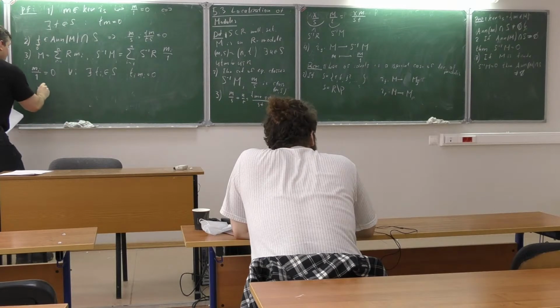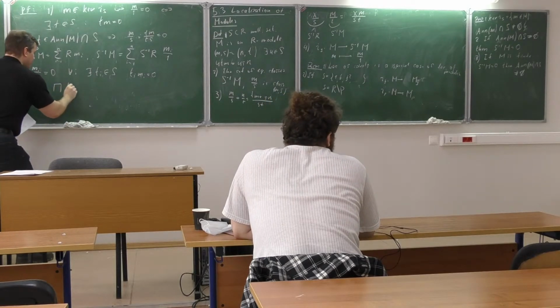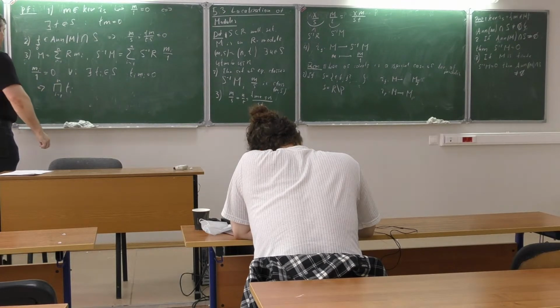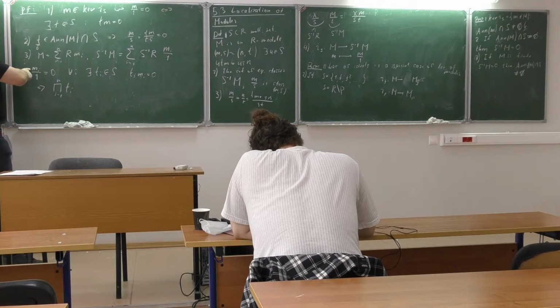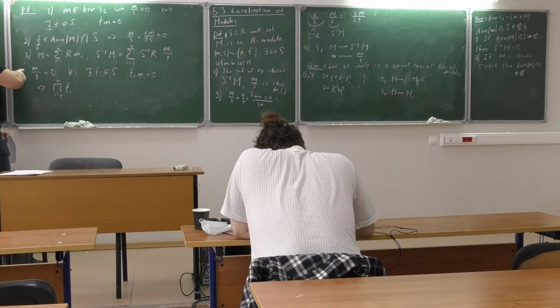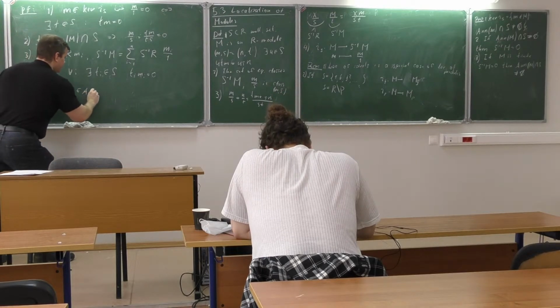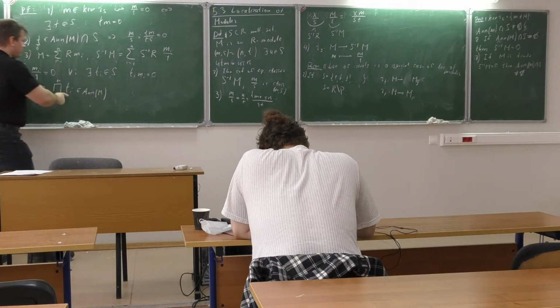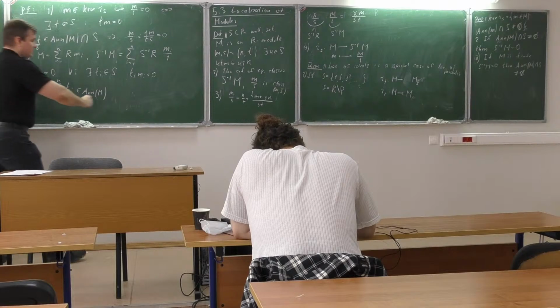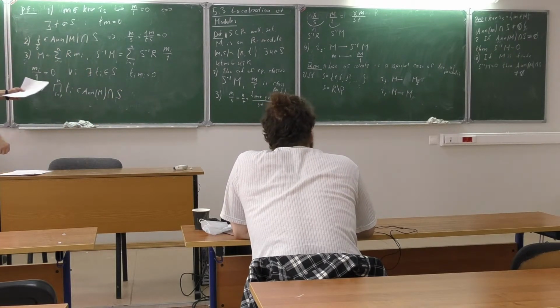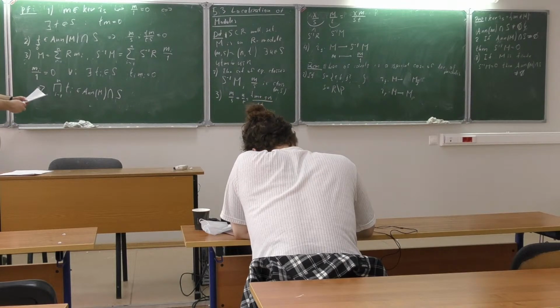And then I can take the product of all such t_i's, and this will annihilate any generator, so it annihilates any element in the module. So this is in the annihilator of the module, and also this is a product of elements in S. So this is in the intersection with S, and that's what we need to show.